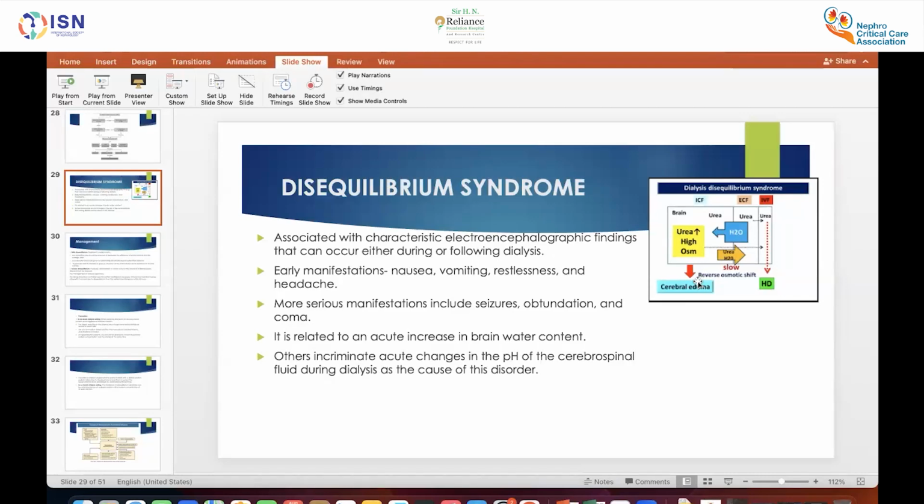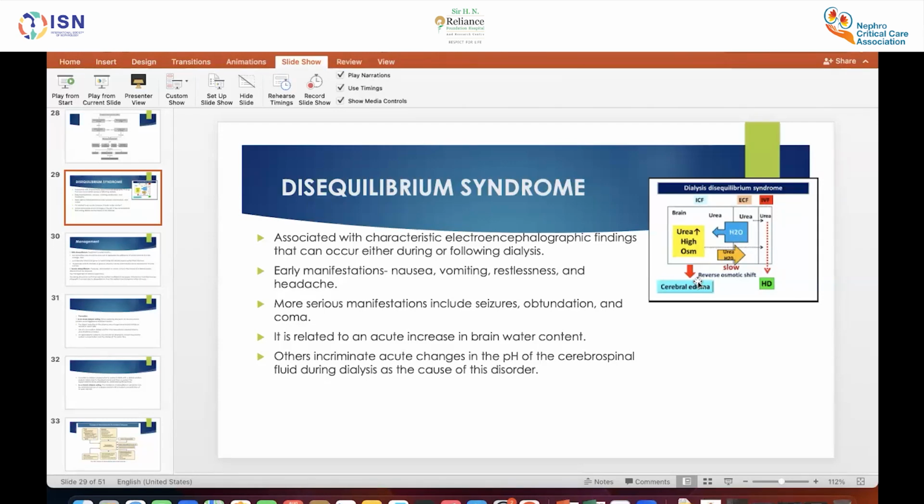It has to be, if it is a fast initiation of dialysis, and I'm not talking about acute kidney injury or metabolic acidosis, where it happens quickly within a few hours or days, where rapid urea removal also will not affect much.